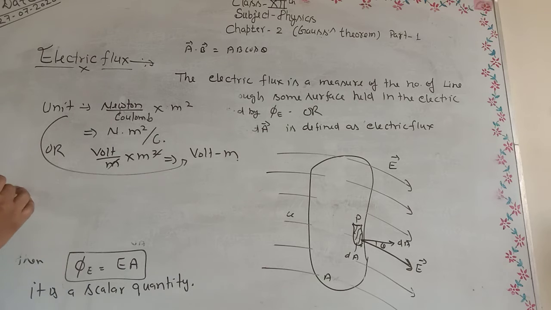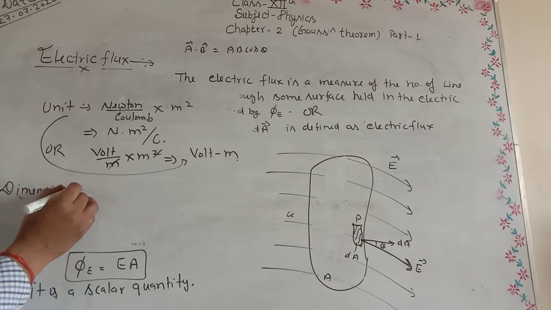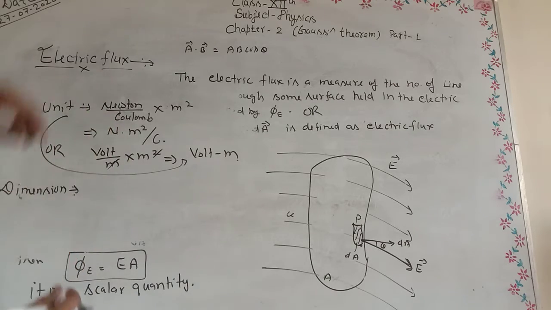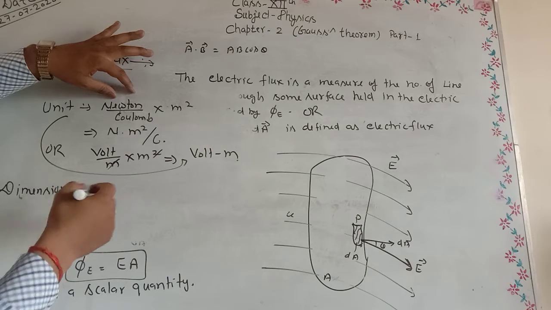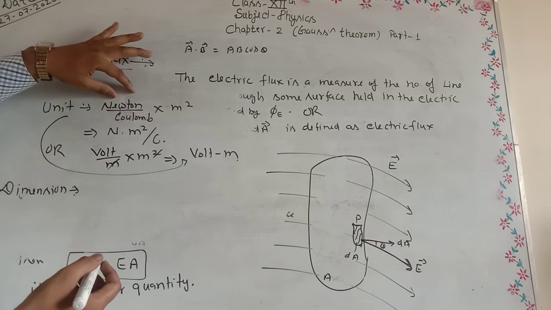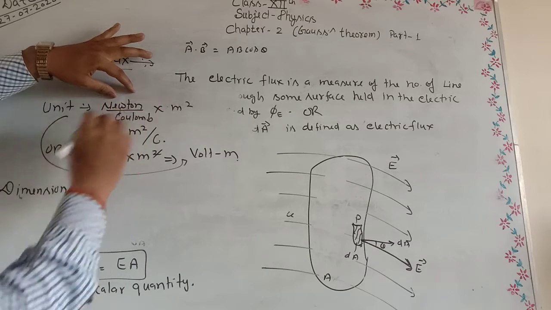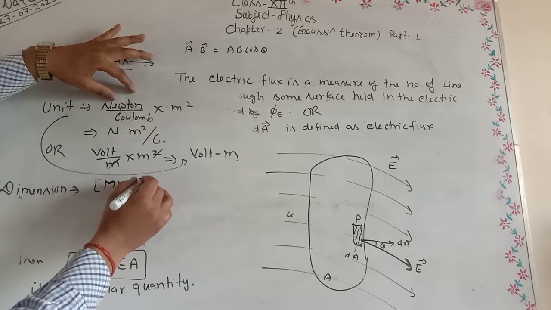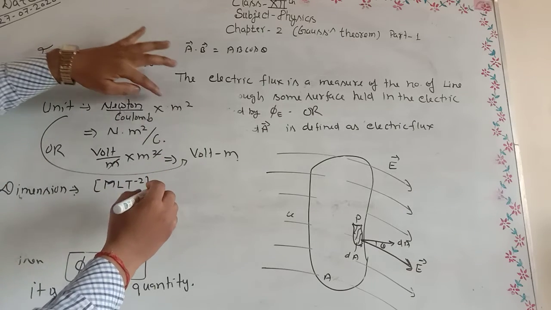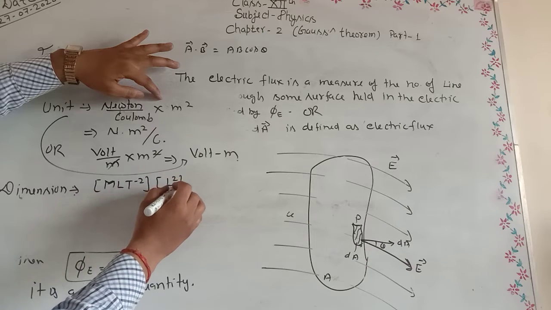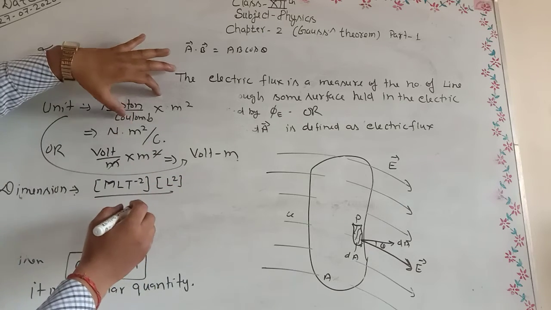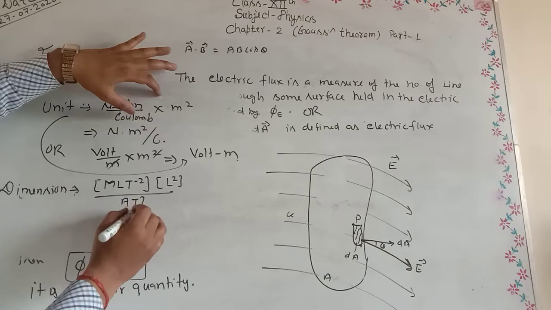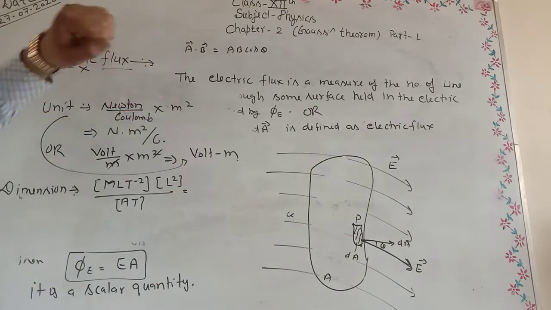Then the dimension of electric flux: Newton is the unit of the force, and dimension of the force is MLT^-2, meter square means L square, coulomb is charge, dimension of charge is AT.